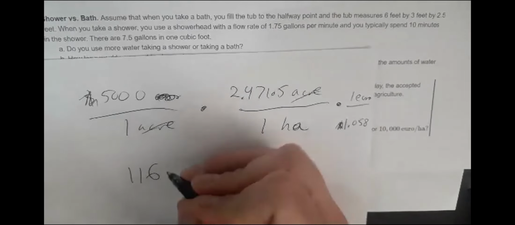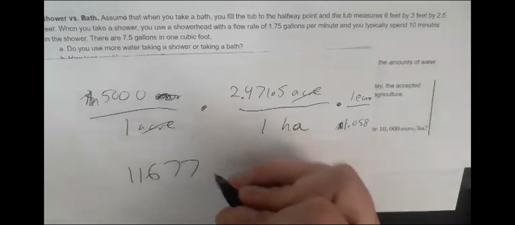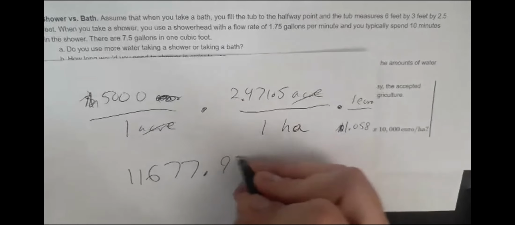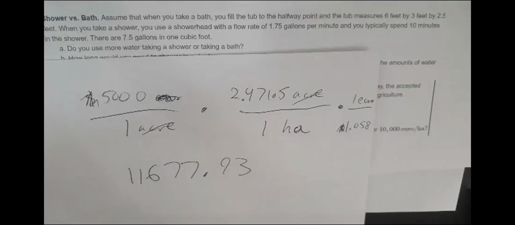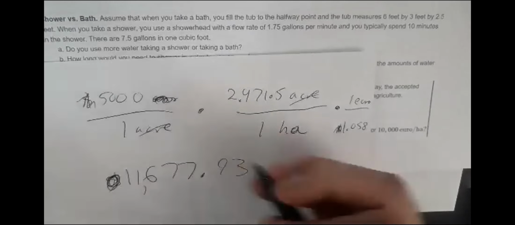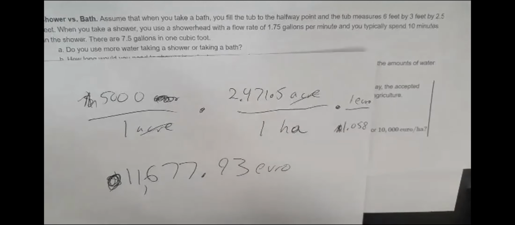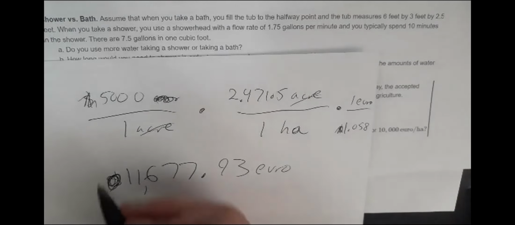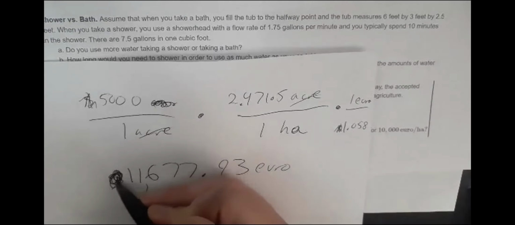Weird measurement. You might notice I don't know anything about these measurements, but it doesn't really matter. All I need to know how to do is start a unit analysis. This is not dollars anymore. This is euros. So I'll probably round it to two decimal places since we're talking about money. Euros per hectare. So if this is 11 and this is 10, which one of those is more?